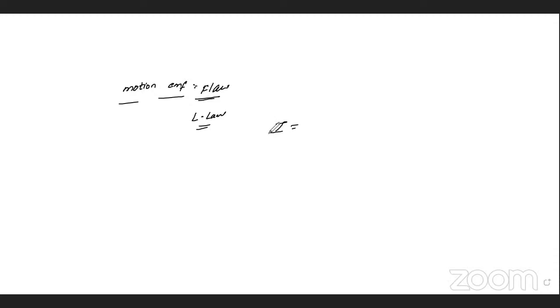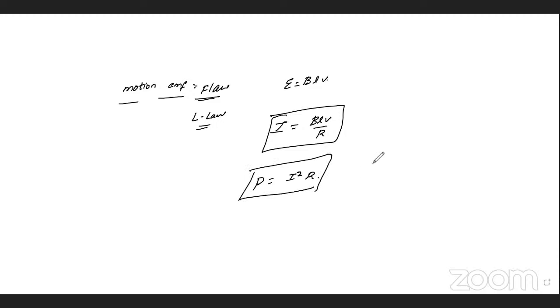EMF is equal to BLV. When discussing the current carrying conductor, it has its own internal resistance. So I is equal to BLV divided by R. This is your current. Power is P is equal to I square R. And the heat dissipated is H is equal to I square RT. So these are a few relations.